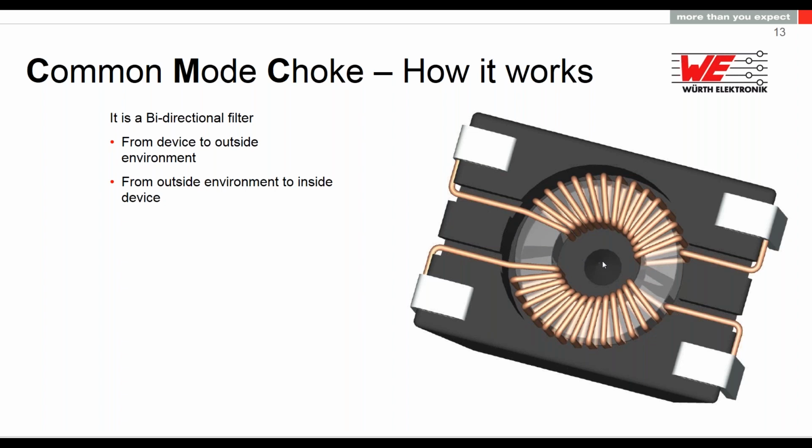Now, what happens if we apply a current through this choke, like a differential mode signal? Okay, if this signal is flowing from left to right, and you take your right hand and with your thumb you show the direction of the current, and the rest of the fingers, if you would catch this wire, it will generate a magnetic field.